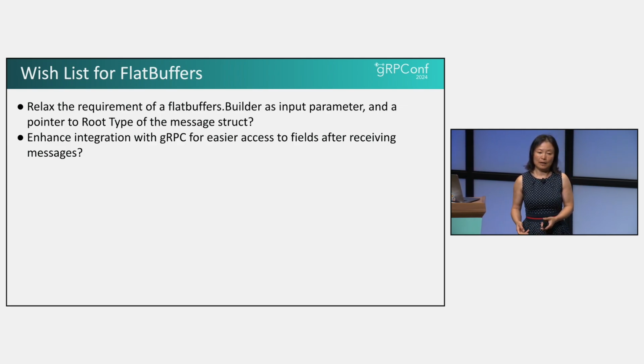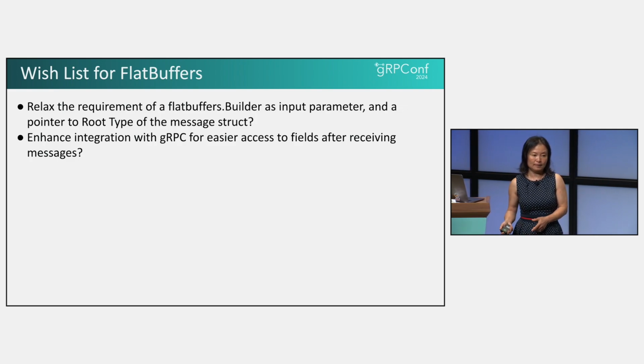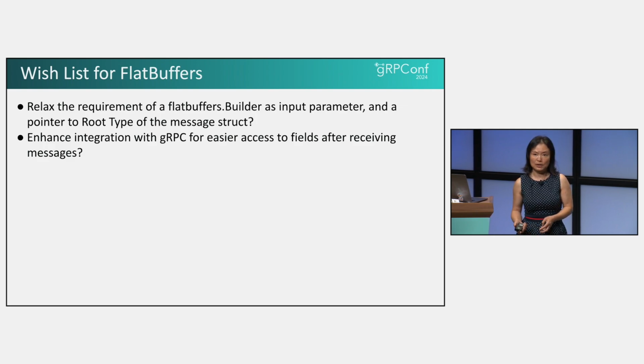We believe it would be advantageous if we can unify those processes to streamline buffer handling. That could make forwarding received data much easier. Additionally, we are hoping that there will be more integration between gRPC and FlatBuffers to allow easier access to data fields without the need of extensive code.